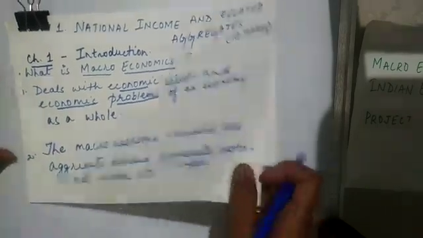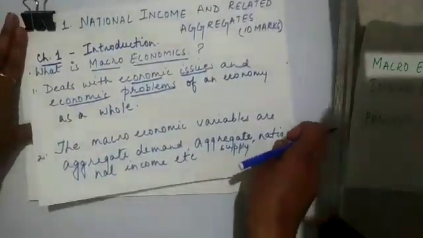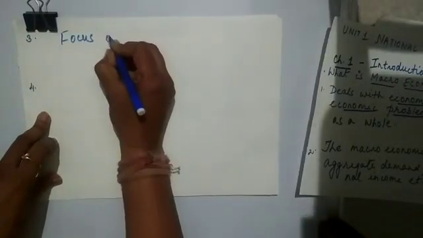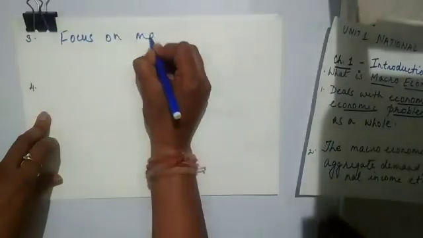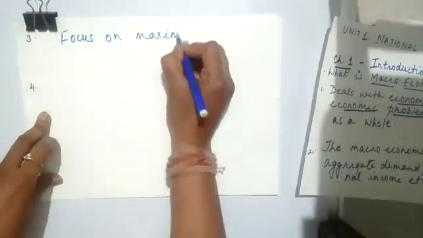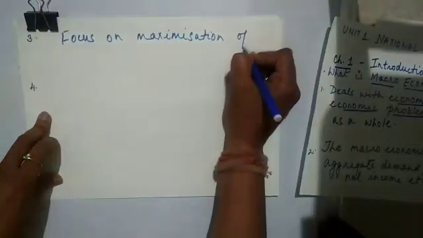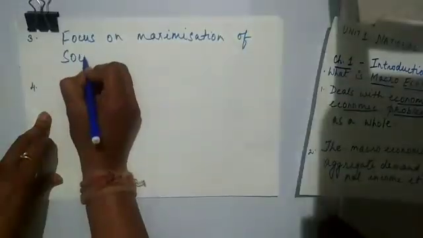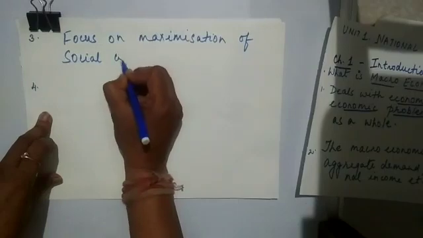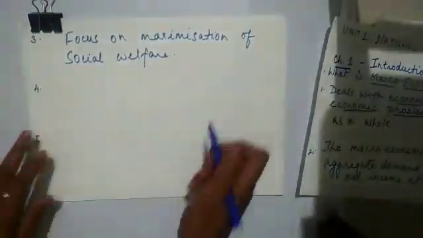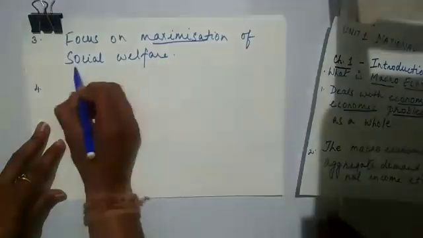Now, the third point of macroeconomics is, what is the focus? Focus on maximization of social welfare. Okay, maximization of social welfare.